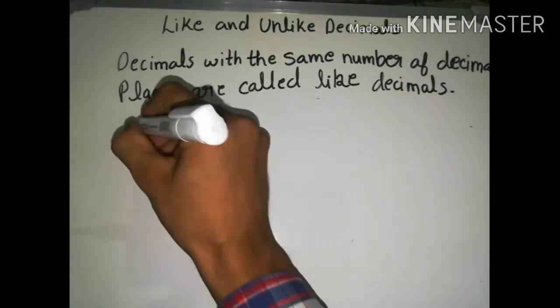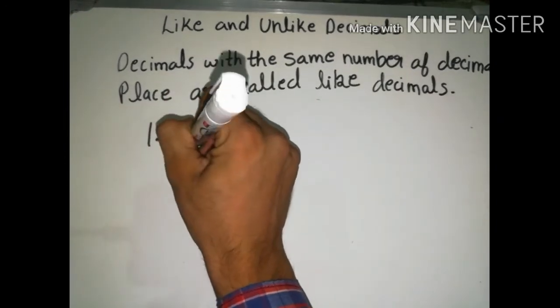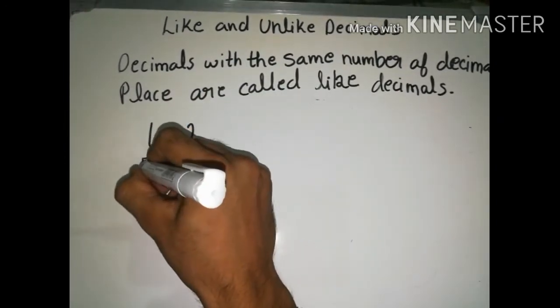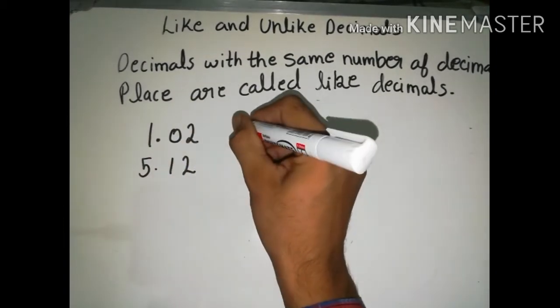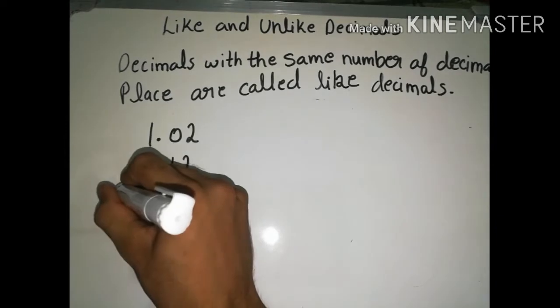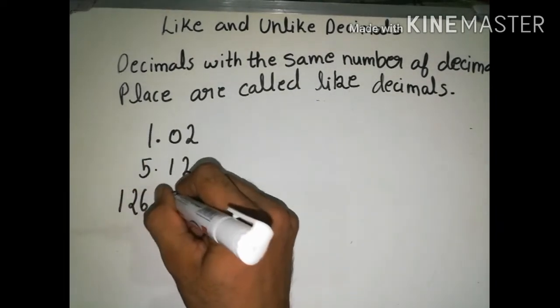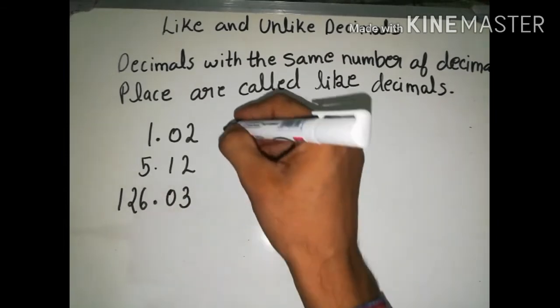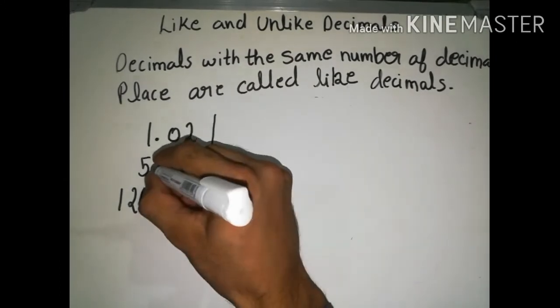So for example, we have 1.02, 5.12, 126.03. So these are like decimals. Why are they like decimals?